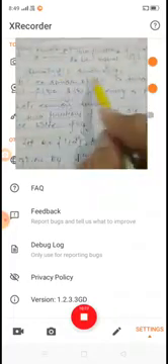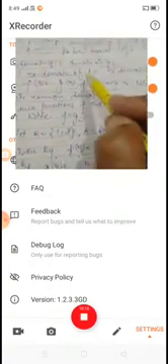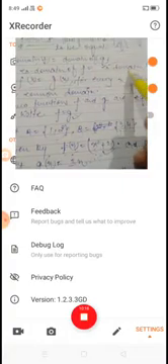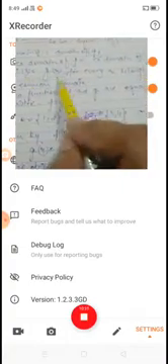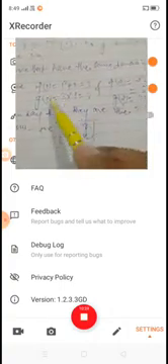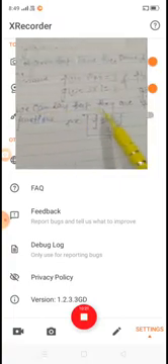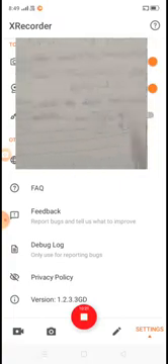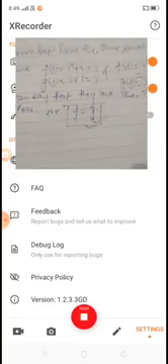Both functions have the same domain, that is, the domain of function f is equal to the domain of function g. Also they have the same codomain, and f of x is equal to g of x for x belonging to their common domain, that is f of 1 is equal to g of 1, and f of 2 is equal to g of 2. So hence we can say that they are equal functions, and we write it this way, f is equal to g.